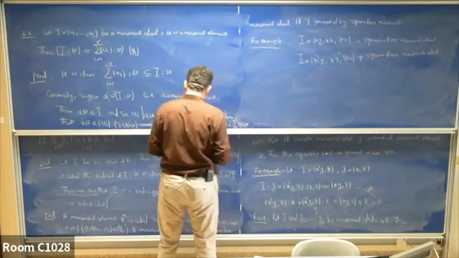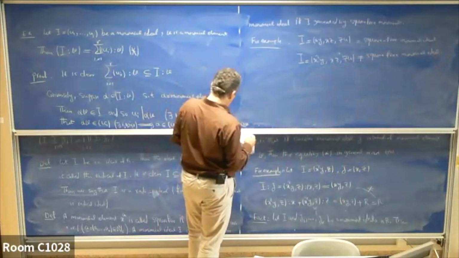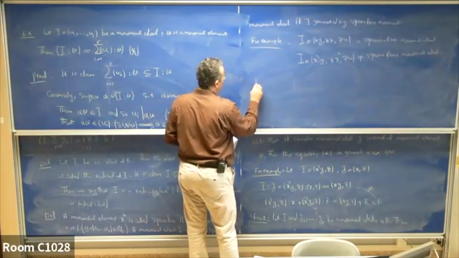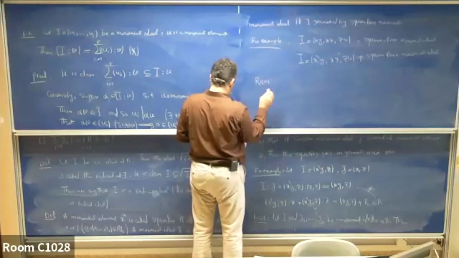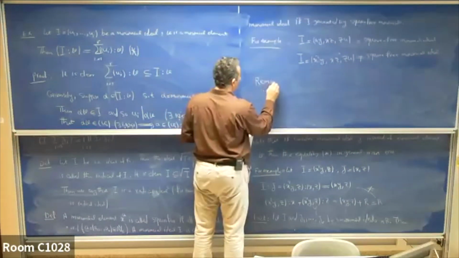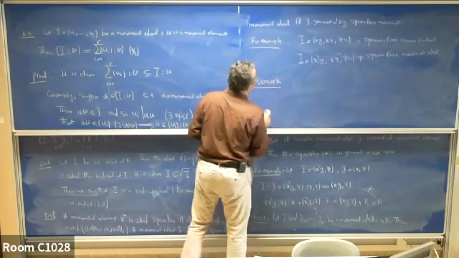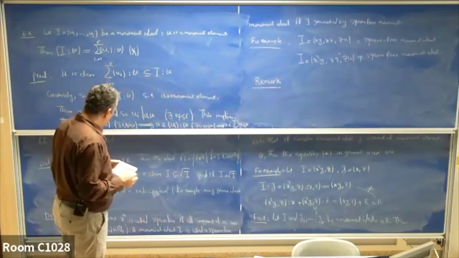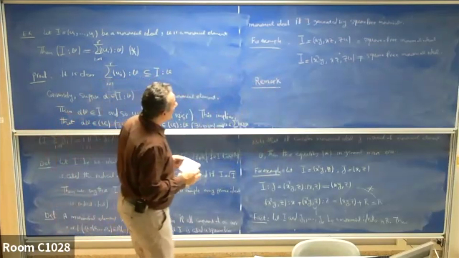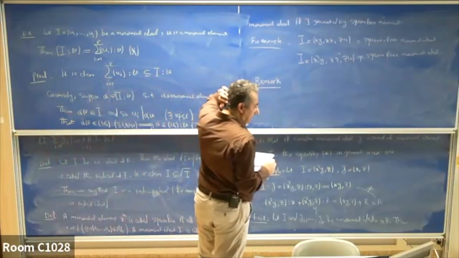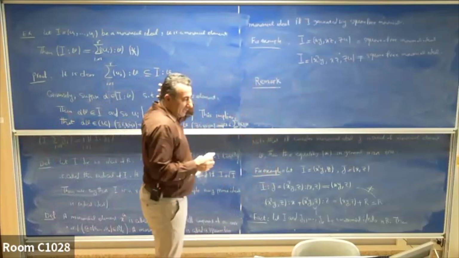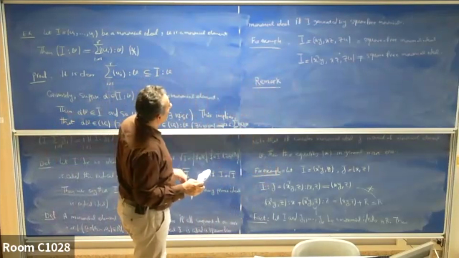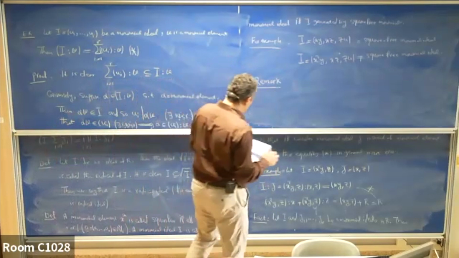And we want to remark, because I want to find the prime ideals: every monomial prime ideal is a square free monomial ideal.